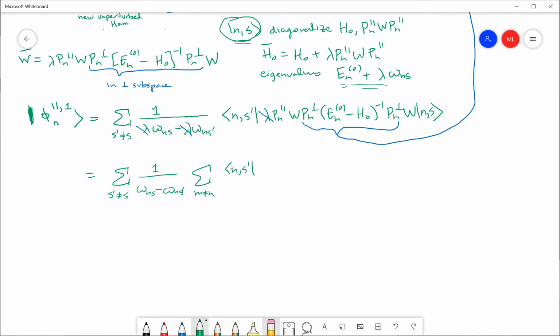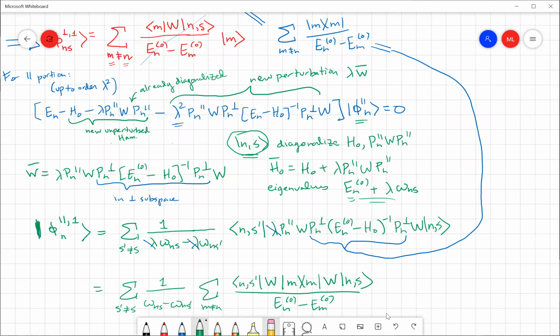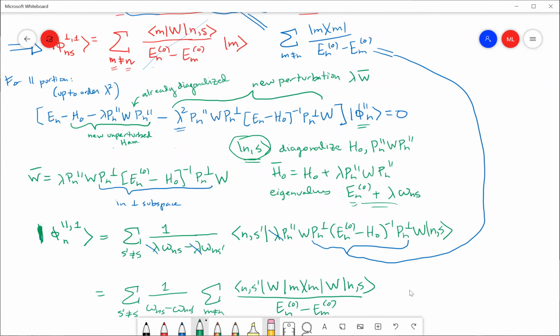Then we'll have these W's, and we'll have our completeness in the M's. And these are just, again, W and S. And it's all divided by the differences in the eigenvalues of the unperturbed Hamiltonian. Just plugging this in.